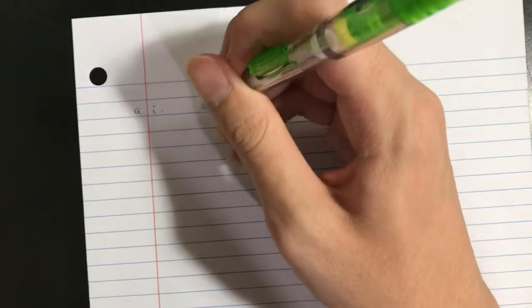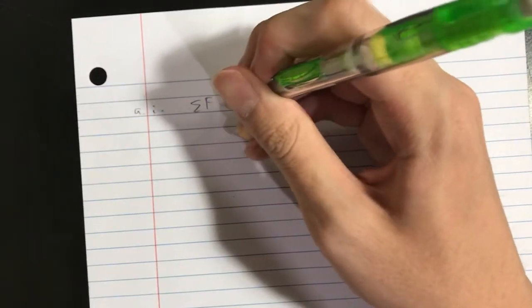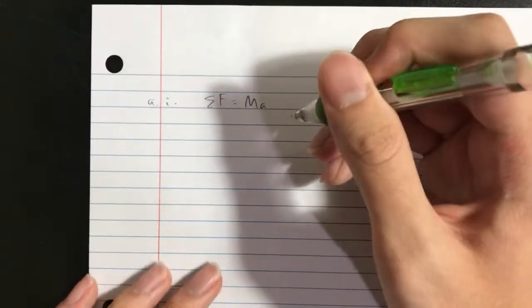Part A, part 1. So it says use Newton's second law, either rotational or translational. So we're going to start with linear velocity. And since it's linear, we better use the translational Newton's second law, which is net force equals mass times acceleration.